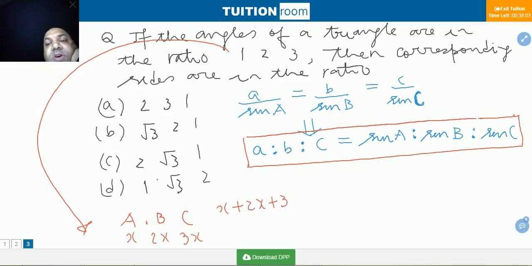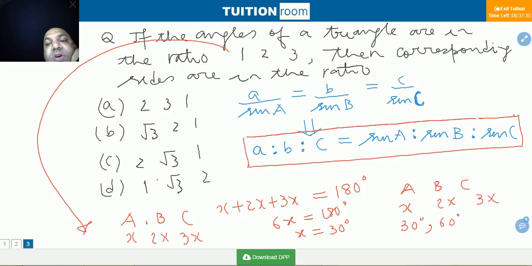We know that in any triangle, all the three angles must add up to 180 degrees. 6x will be 180 degrees, x will be 30 degrees. Then the angles are in the ratio x to 2x to 3x. I have got those angles. These angles are 30 degrees, 60 degrees, 90 degrees.